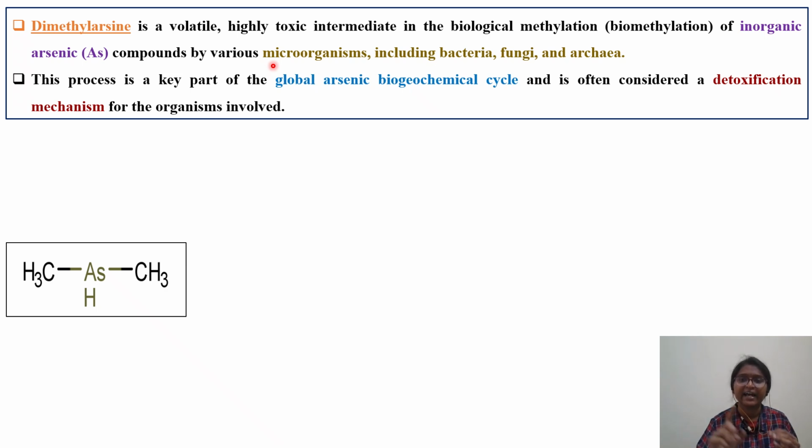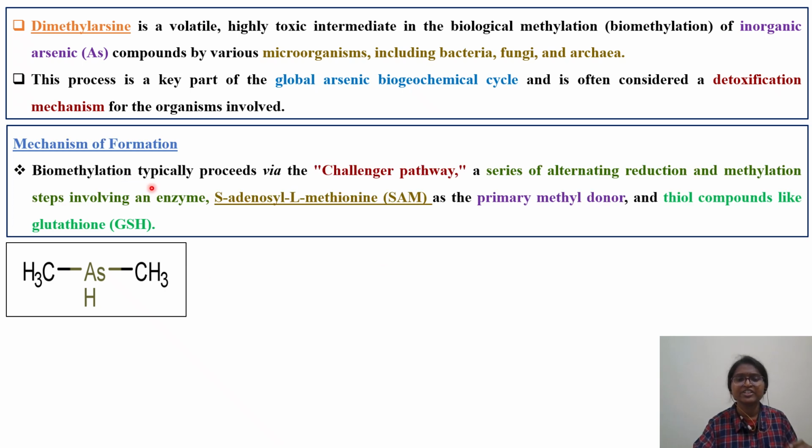Bacteria, fungi, and archaea. The process is a key part of the global arsenic biogeochemical cycle, similar to the mercury cycle in the environment, and is often considered a detoxification mechanism, as the highly toxic form is converted into a less toxic form.